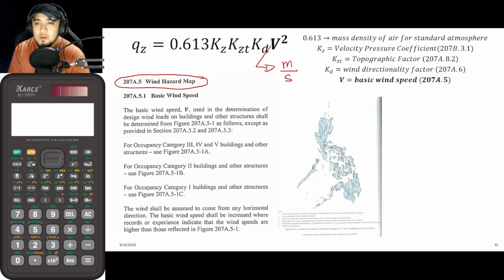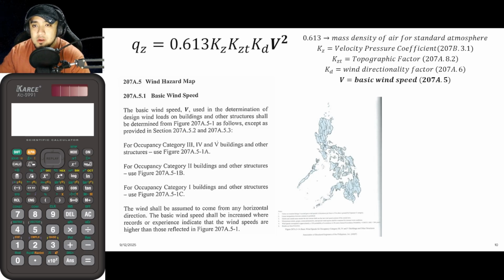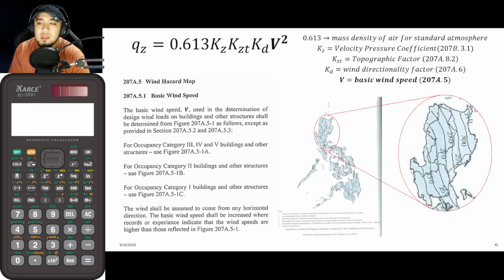So if you would be making use of the NSCP code, we have this map here. And in this map, we could actually extract the basic wind speed depending upon the location of your project. So suppose that your project is located somewhere here. If you would be zooming in there, this is now what it would look like.